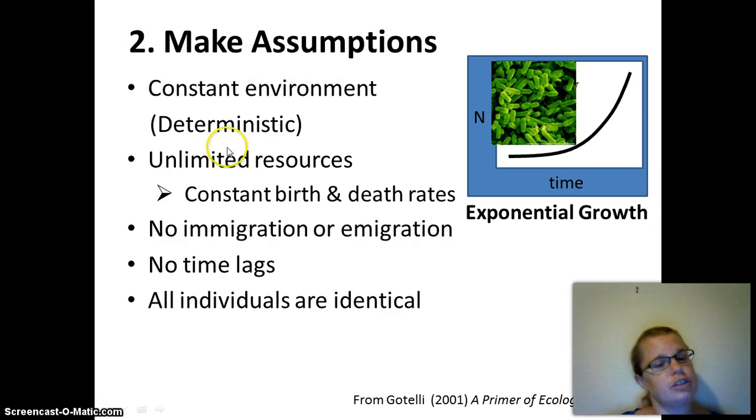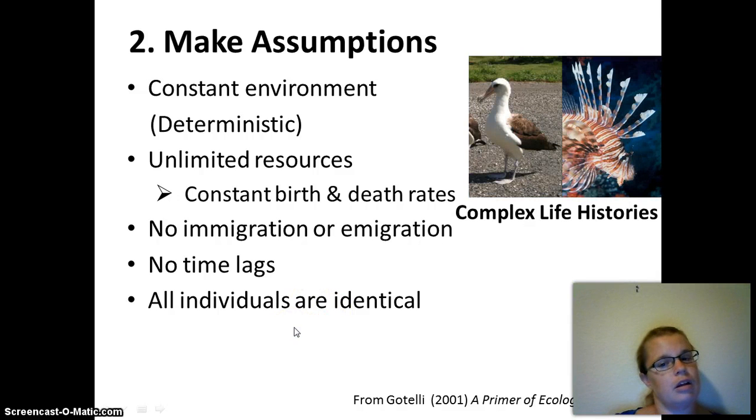So if you change this assumption about unlimited resources, then you end up getting logistic growth. And if you change this assumption that all individuals are identical, then you can look at populations that have complicated life histories, like, honestly, most organisms. So today we'll be using examples of Laysan albatrosses and also lionfishes.